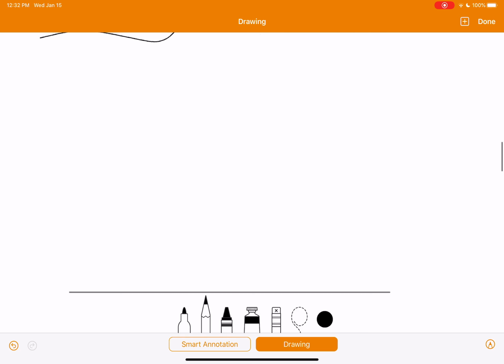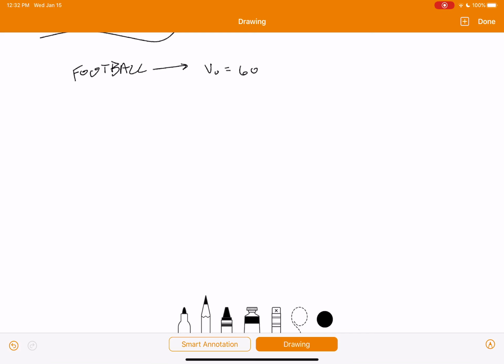All right, so go ahead and try one of these on your own now. Say we're throwing a football, v naught equals 60 feet per second at an angle of 30 degrees, and we want to know how far the ball will travel.